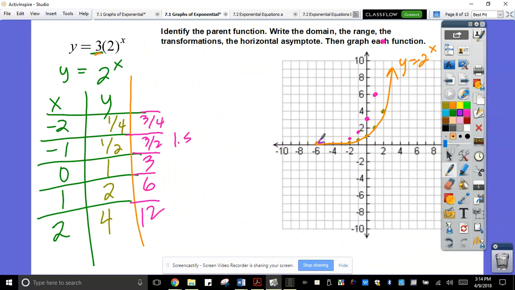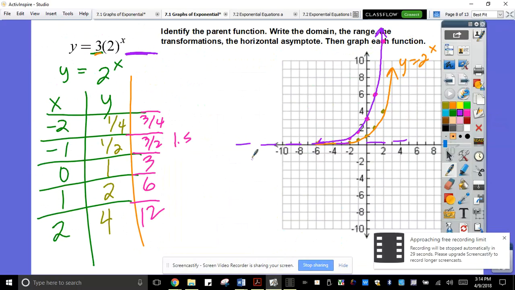How will you compare the orange graph and the purple graph? Their asymptote remains the same because there's no shift or additional term outside this function. But the 3 makes the graph a little steeper, right?